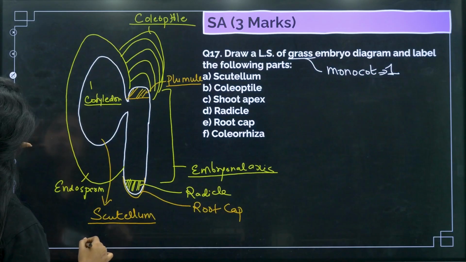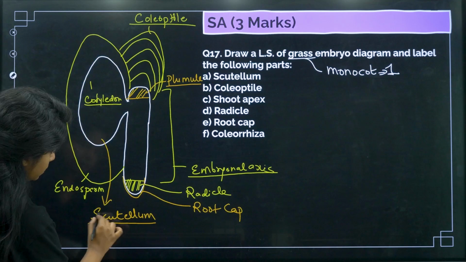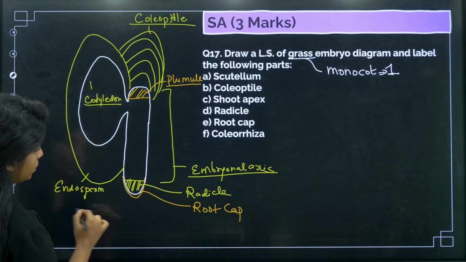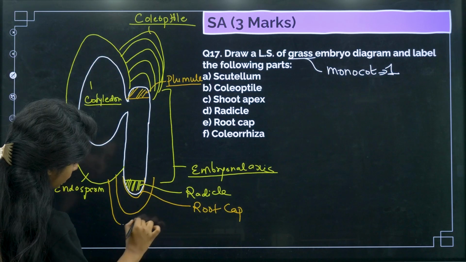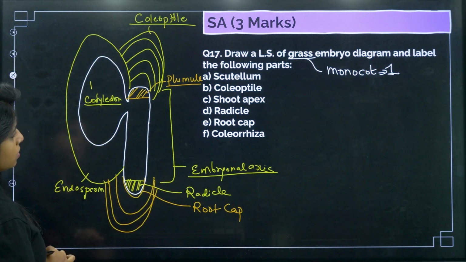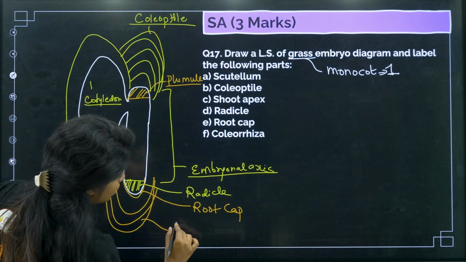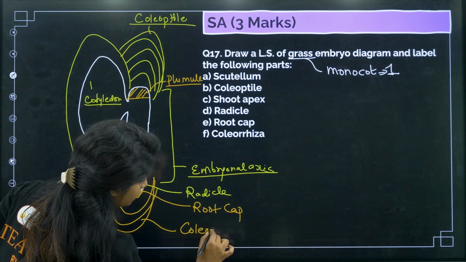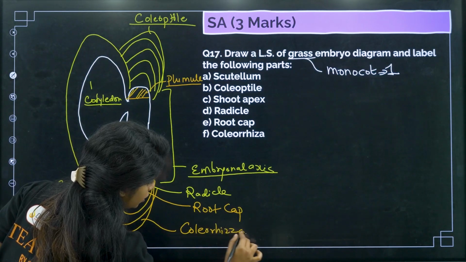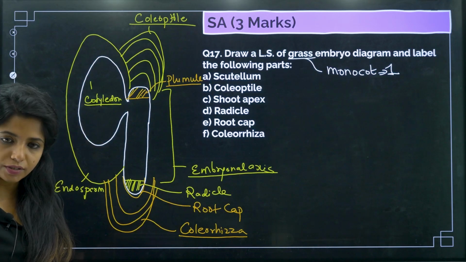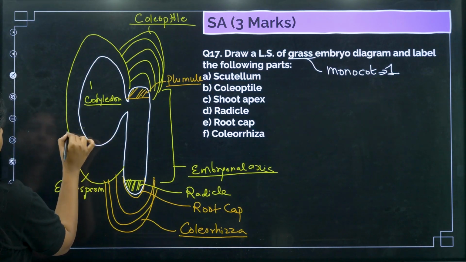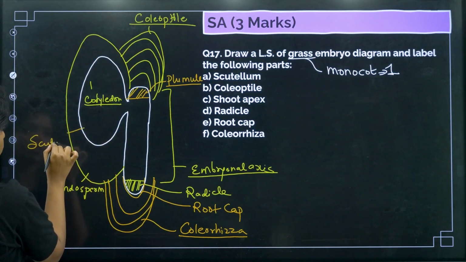I have to erase this scutellum from here and put it somewhere else, but I will do that. Over here also I have some protection like this, which is known as coleorhiza. This structure you see over here is known as scutellum.